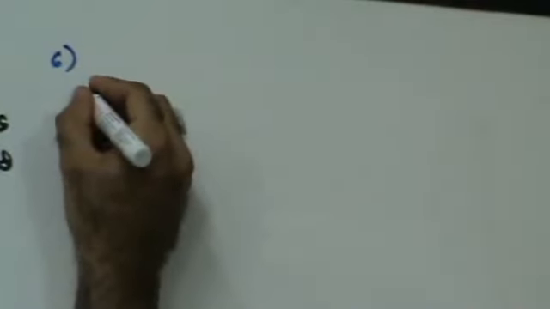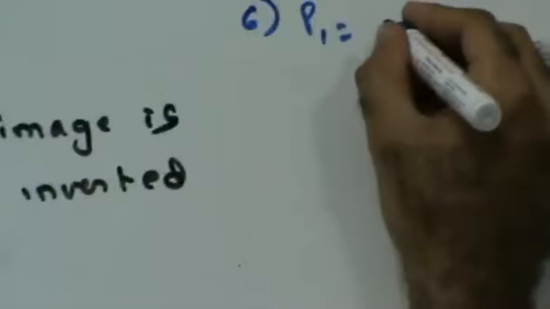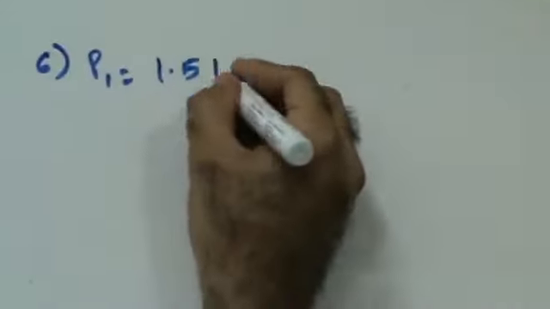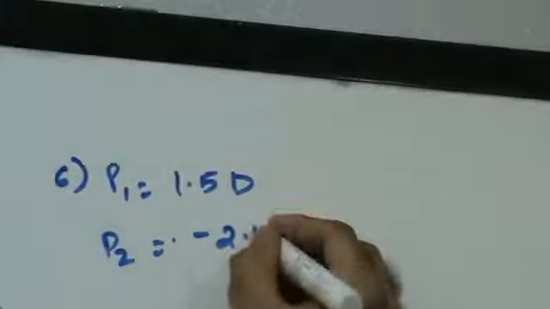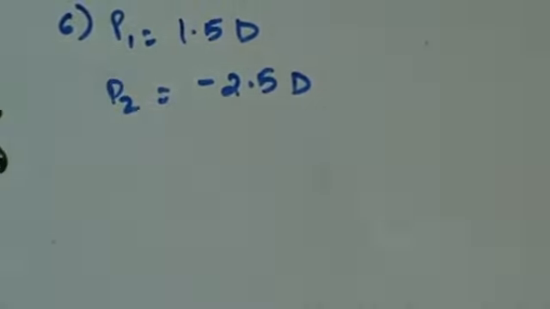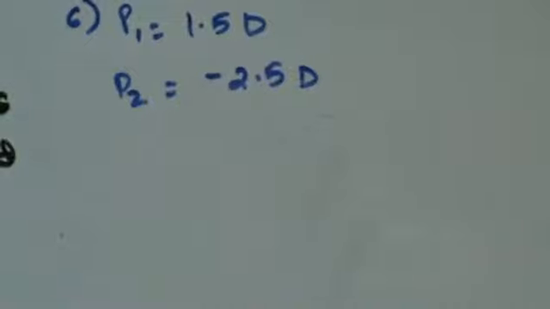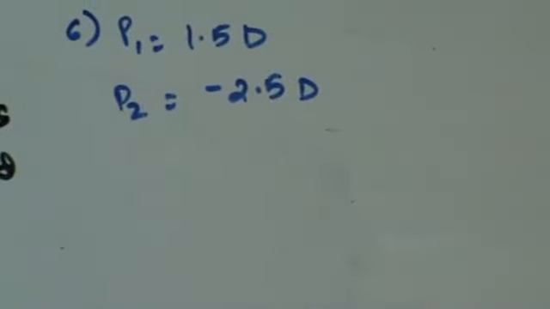Two lenses of powers 1.5 diopter and minus 2.5 diopter are combined to form a lens.